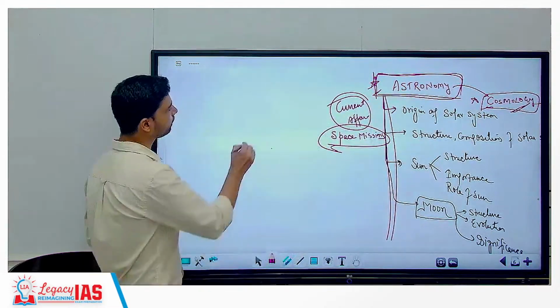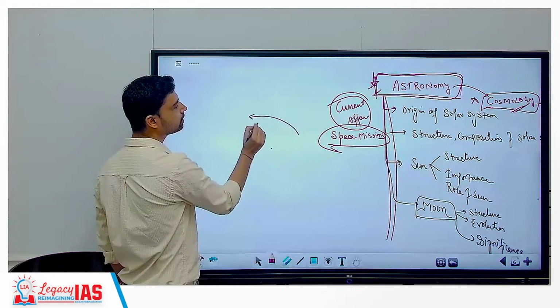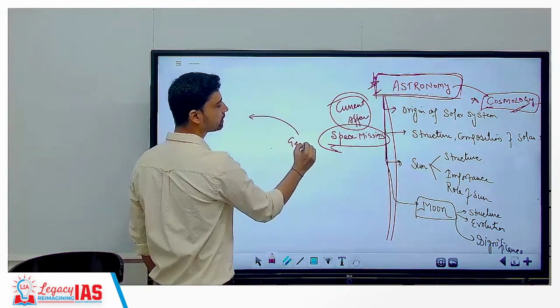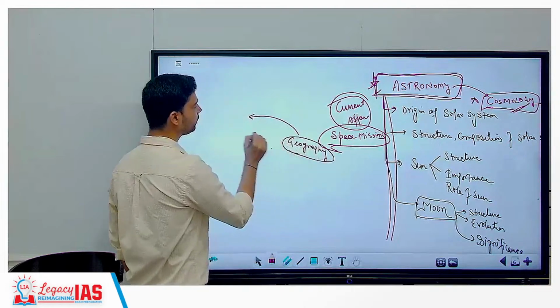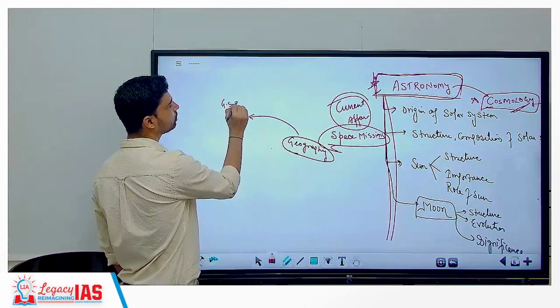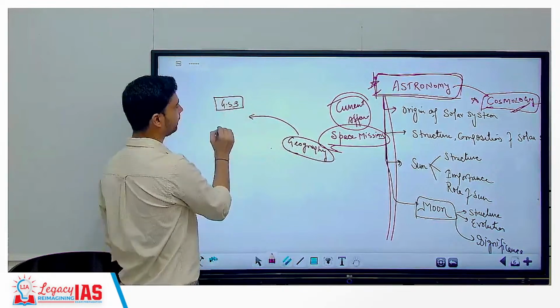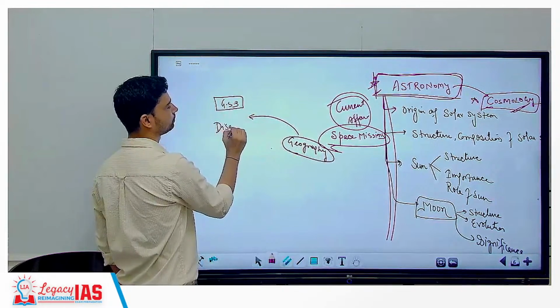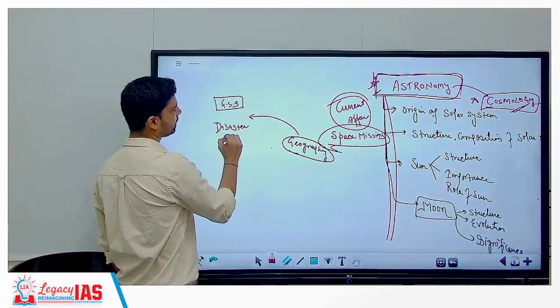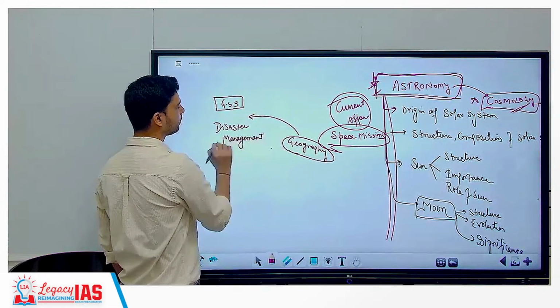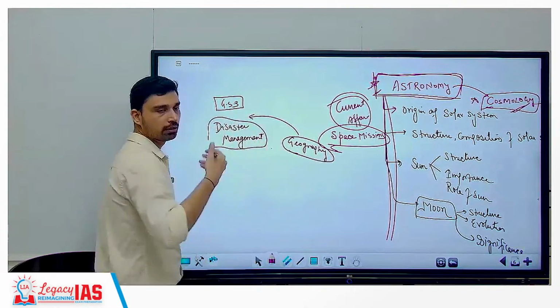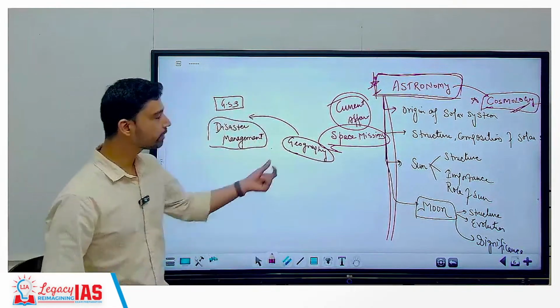There is one part that is linked. It is not a subject under the geography syllabus, but it is strongly linked with geography. You have a topic in General Studies 3 called disaster management. Very strongly linked with geography, because a disaster is an event. That event we have to study where?